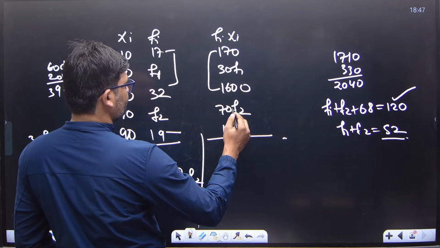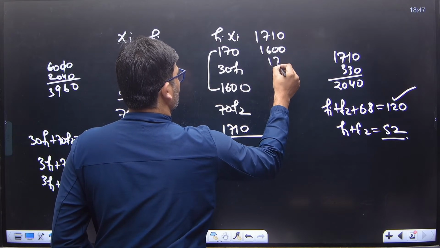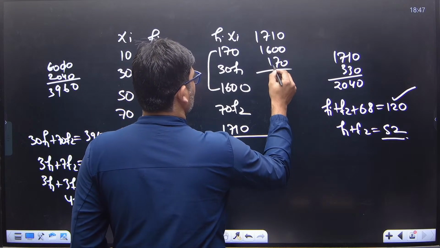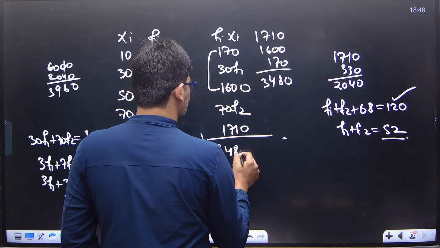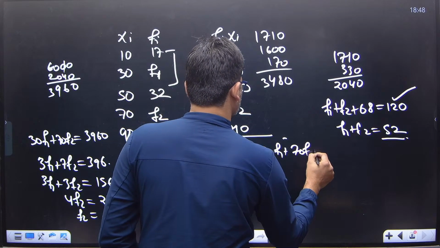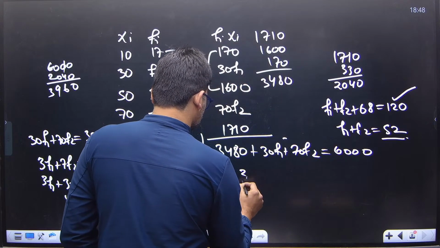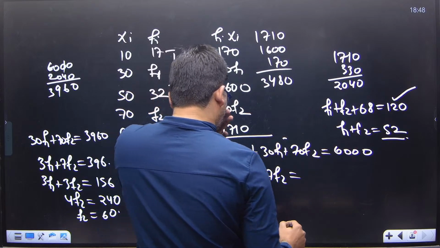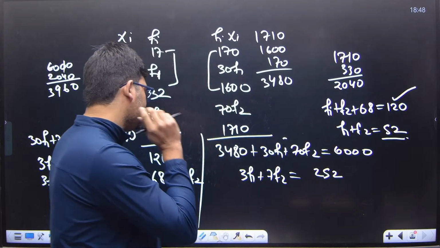So we have to be slow in this. So we got 252. This is the equation.